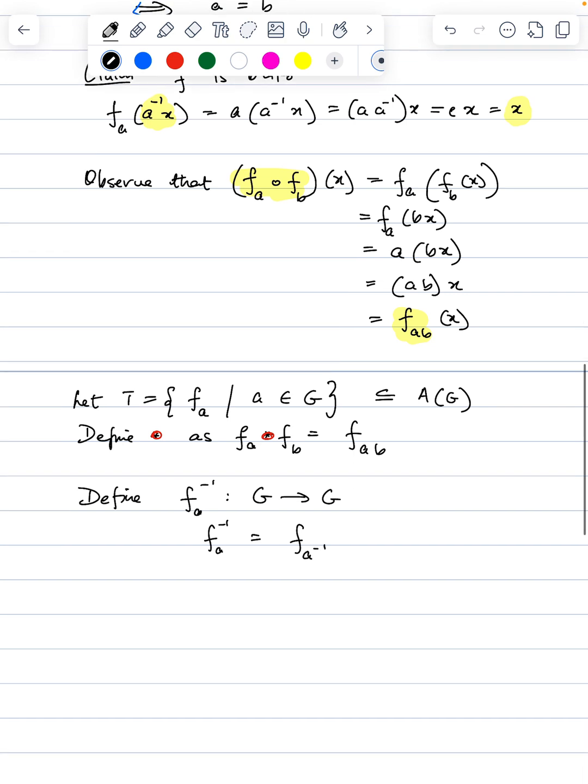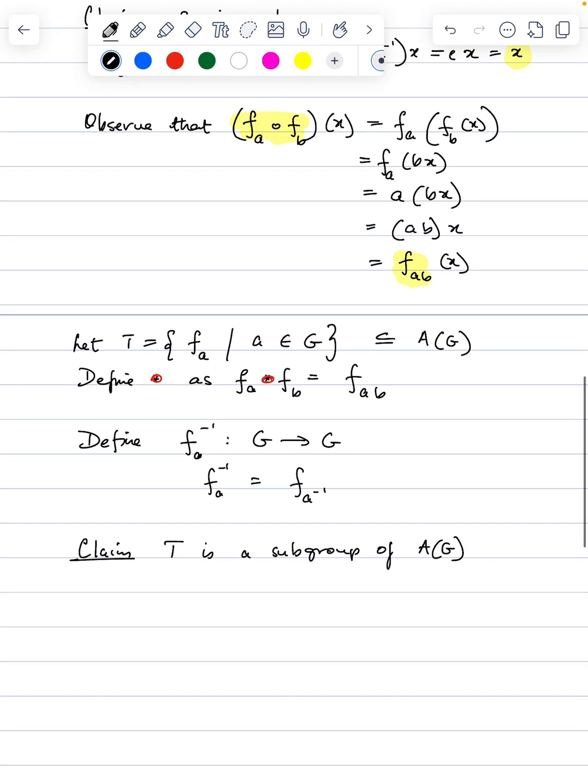So the inverse exists for every function. And we will show that T is a subgroup of A(G). Now F_A dot F_B inverse is... I'm sorry, the inverse should be up here.